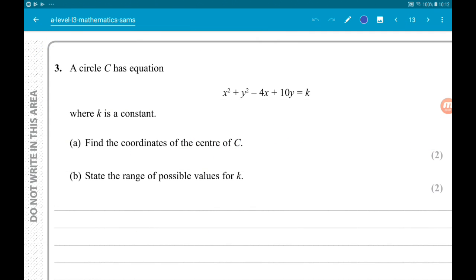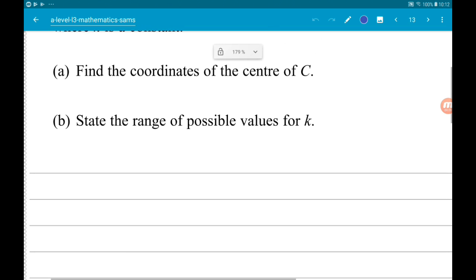Okay, number 3. The circle C has equation x squared add y squared minus 4x add 10y equals k, where k is a constant. Part A wants us to find the coordinates of the centre of C. Okay, so, bit of revision.